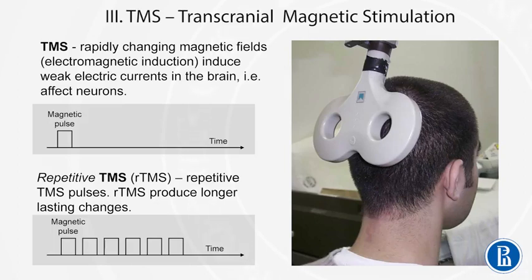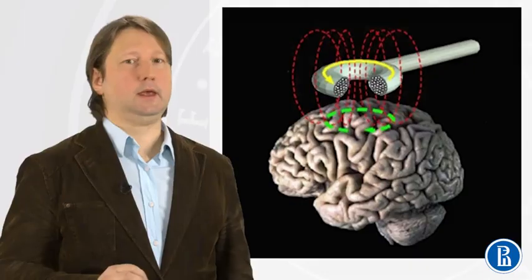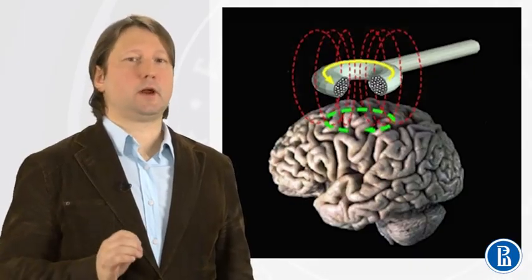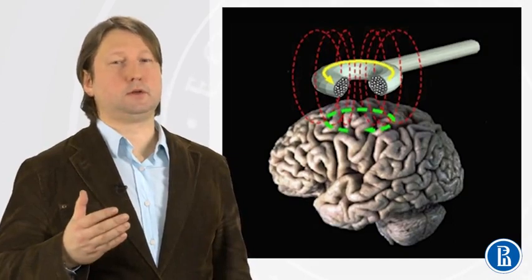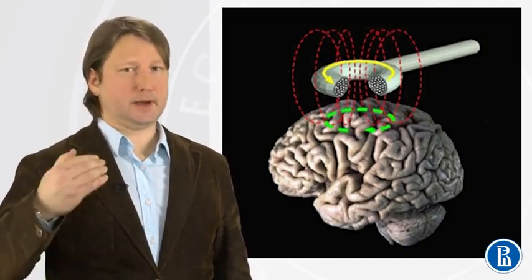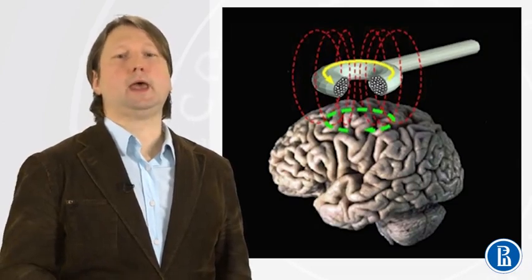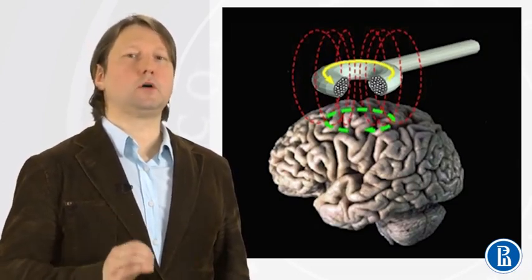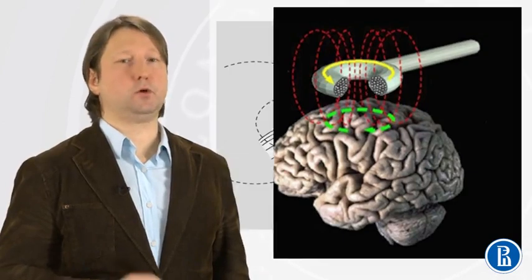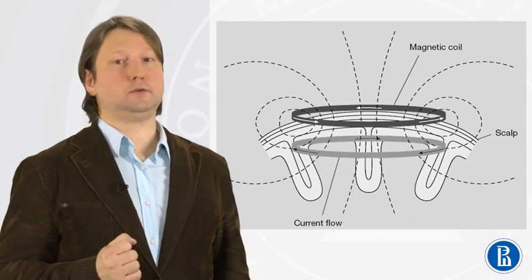So we will discuss the results of TMS studies. We will see that by transcranial magnetic stimulation, we can change our decisions. So as you see on this graph, this TMS coil induces a magnetic field that penetrates our brain and induces some local currents in the brain that disturb activity of the neuronal population.